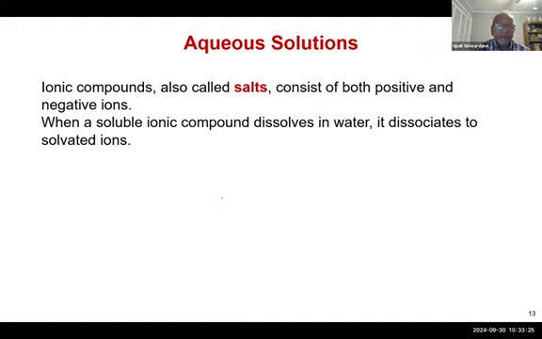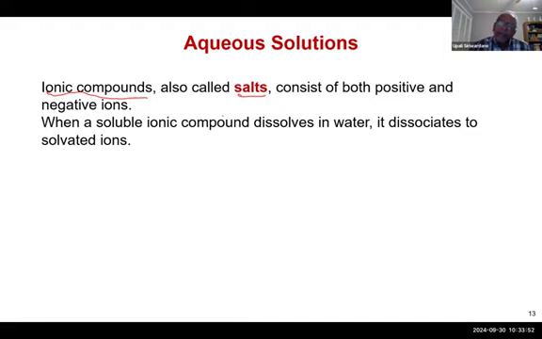We're going to go over precipitation reactions. Precipitation reactions are reactions between ionic compounds, which we call salts, which have positive and negative ions. Some of the ionic compounds are soluble in water.